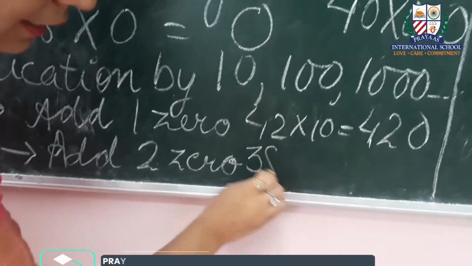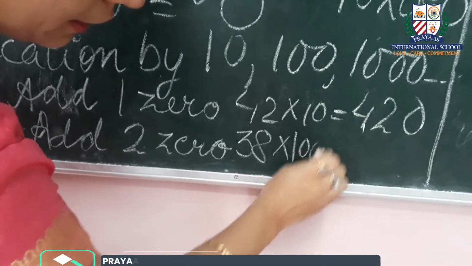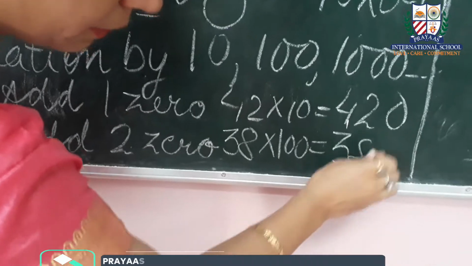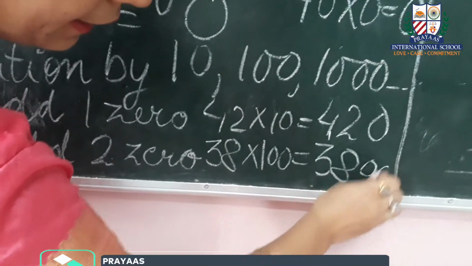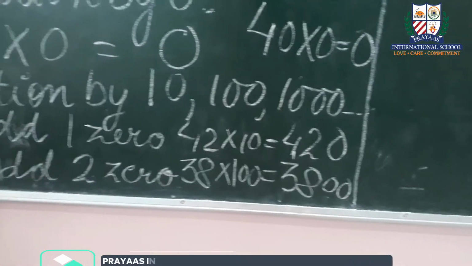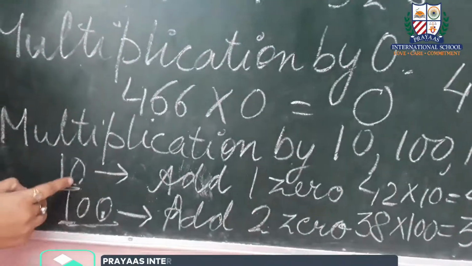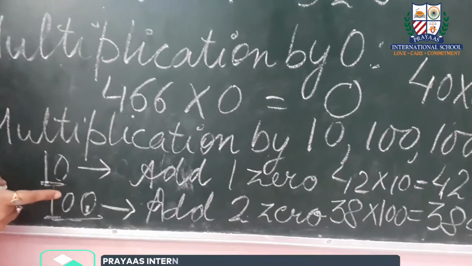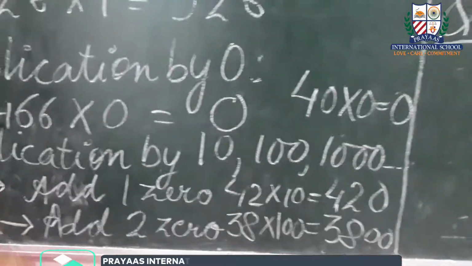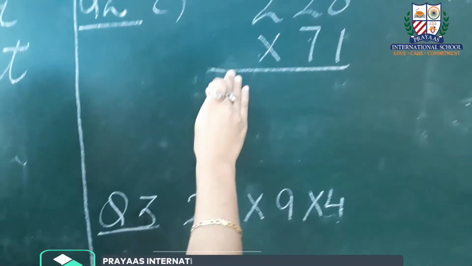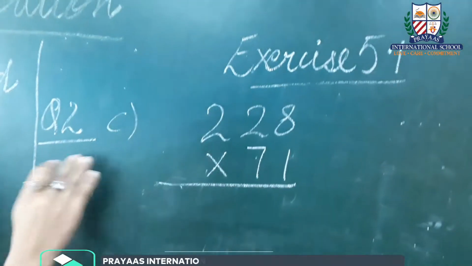Suppose 38 multiplied by 100, our answer will be 3800. So you need not multiply it, you can just add the number of zeros which are given in the multiplier.